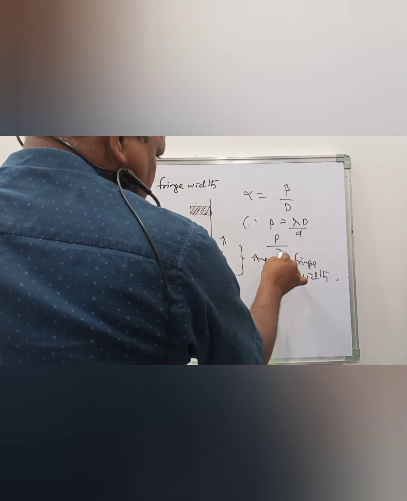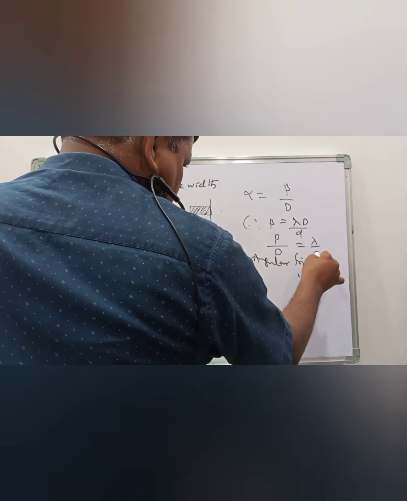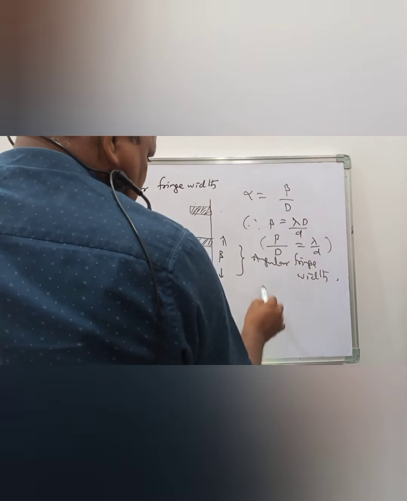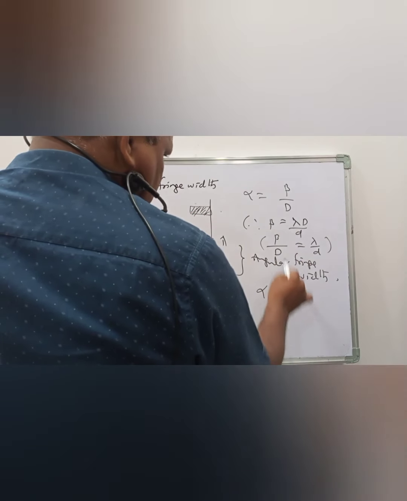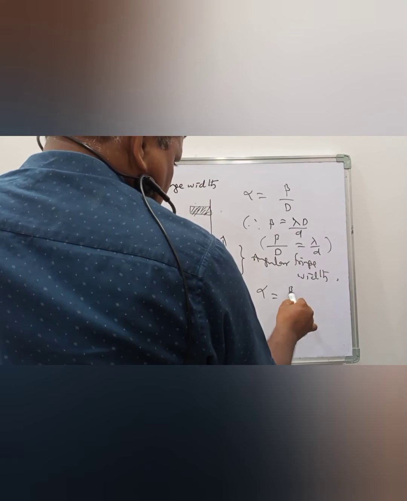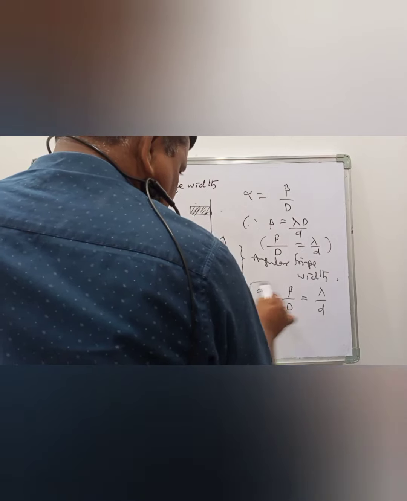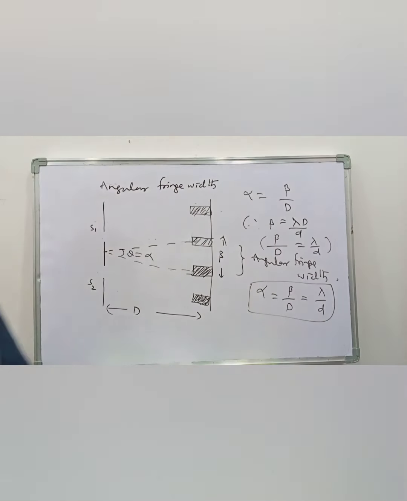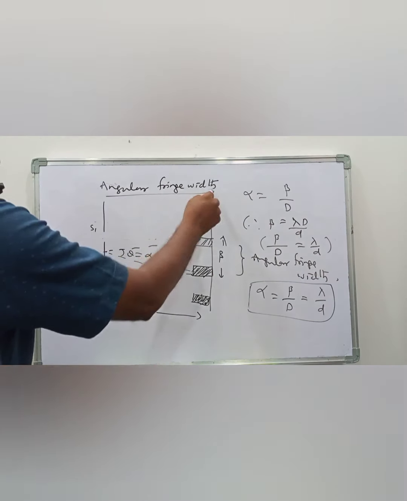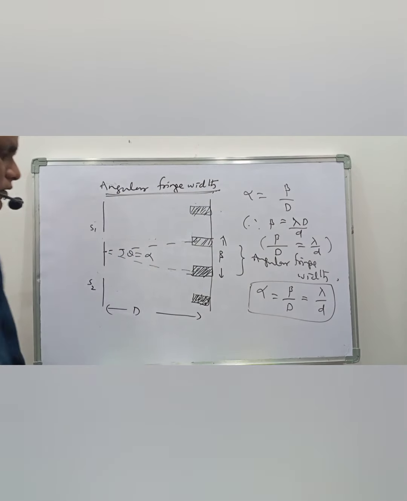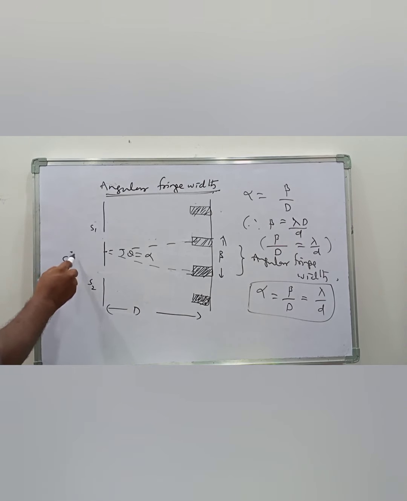Beta by capital D is equal to lambda by small d. This equation refers to the angular fringe width of the two bands which are produced by the Young's double slit experiment.